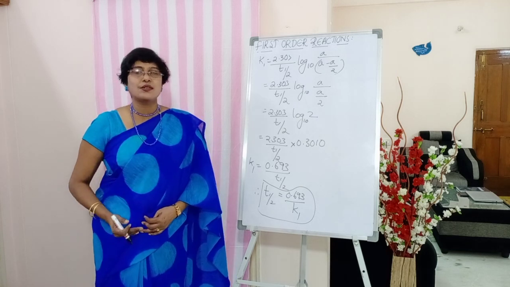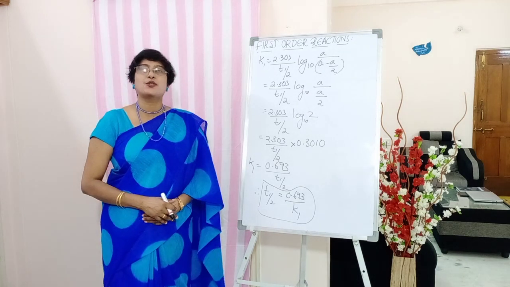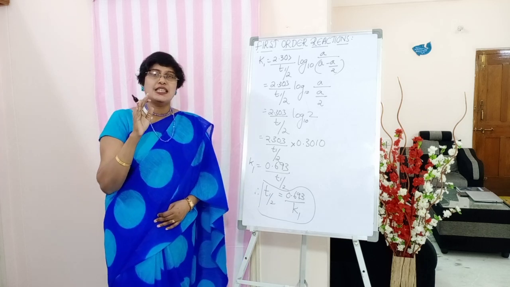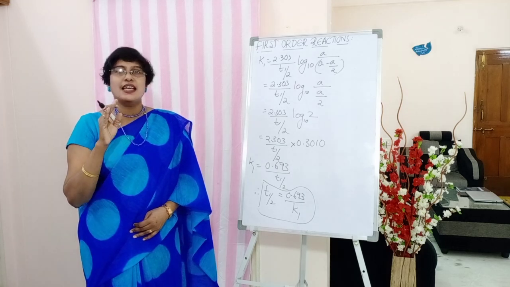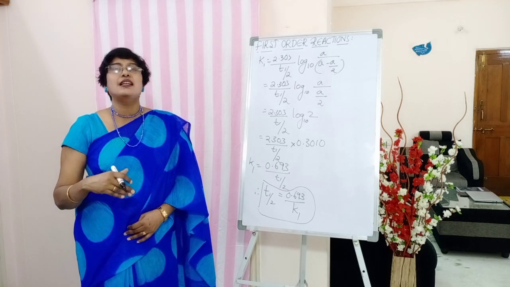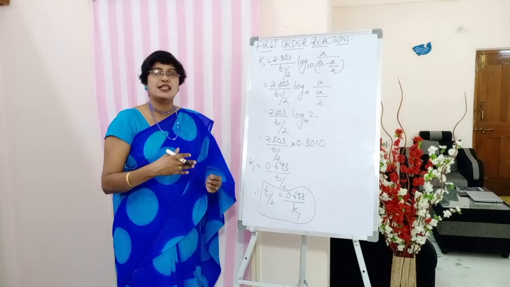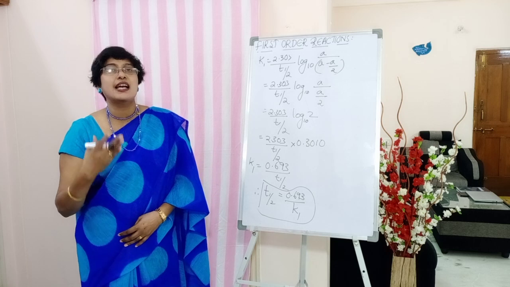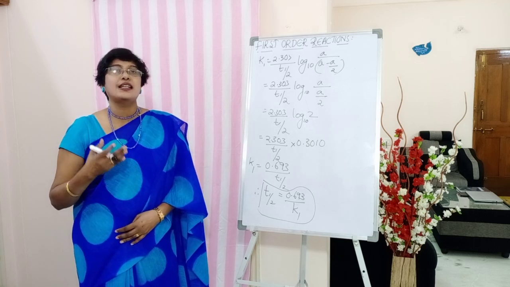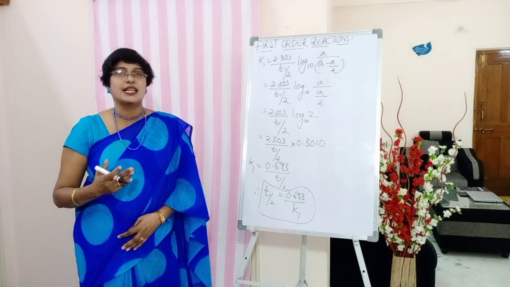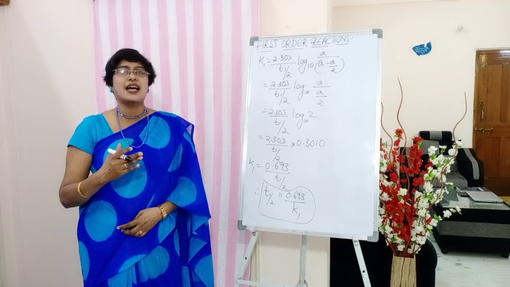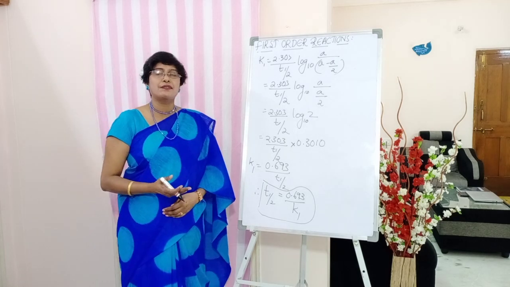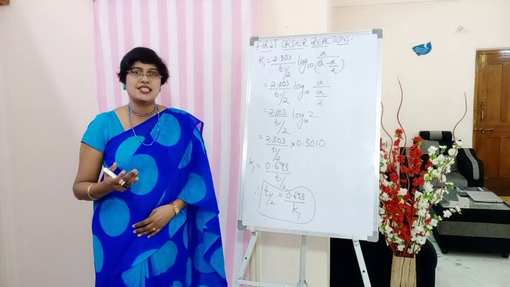When you are asked this question, till here you are supposed to write your answer. The definition of first order reactions, representation of the first order reaction, then rate expression, then integration, then the complete derivation. After deriving the expression, we have to write the characteristics, and in the characteristics, the third point is very, very important. If this first order derivation is not asked, then half-life will be asked: show that half-life of a first order reaction is independent of the initial concentration.